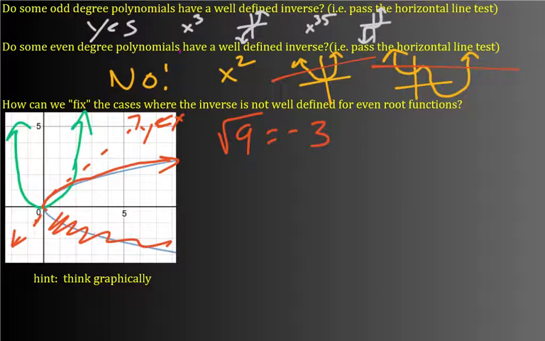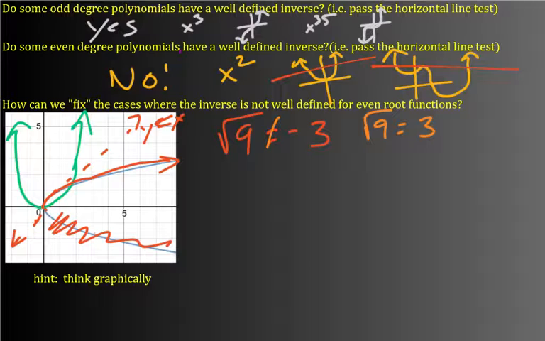And the way that we do it is actually using another operation in math. We said square root of 9 is not -3. We defined square root of 9 to be 3. Basically, we want it to be positive, and we don't want negatives. And the thing in math that would take any negatives and make them positive is the absolute value function.